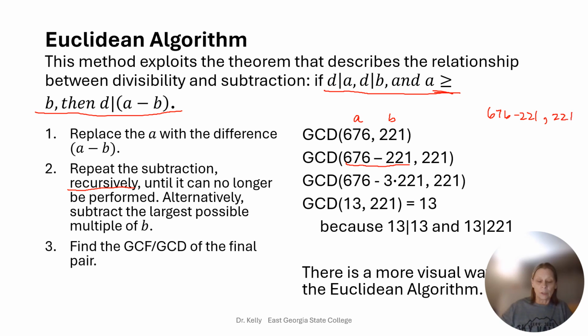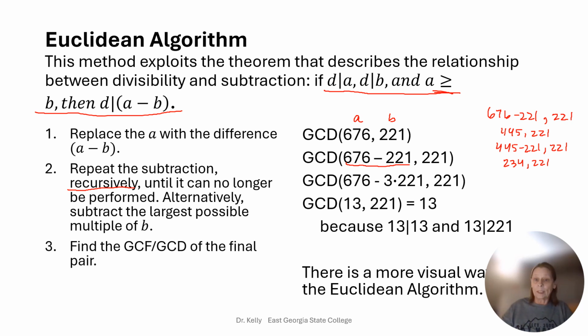I'm not going to write all the GCD stuff down there. If we did that math, that would be 445, comma 221, and then we could apply this rule again, and we would say 445 minus 221, comma 221, and do that math, and that would give us 234, comma 221, and it looks like we can take another group of 221 out here.